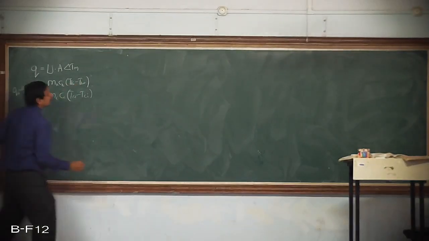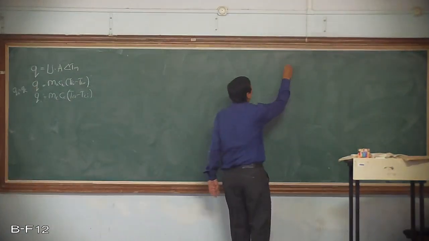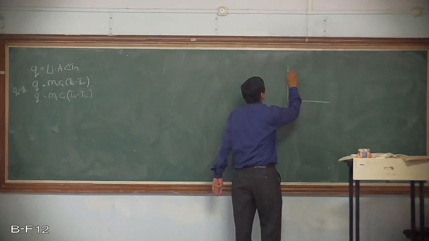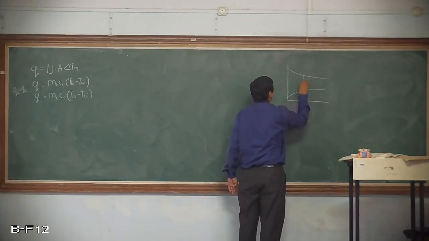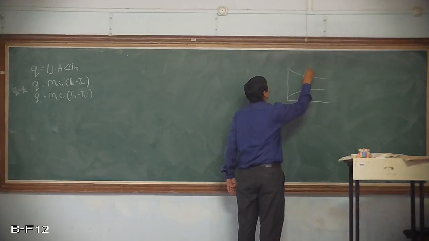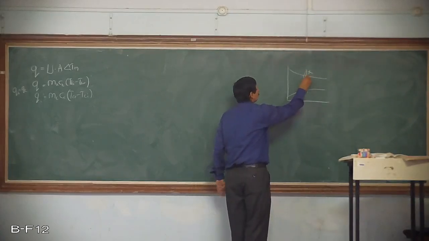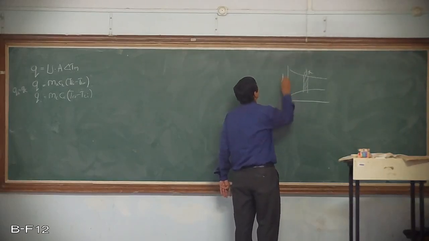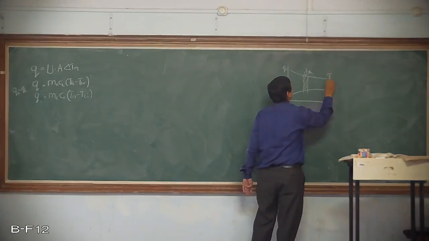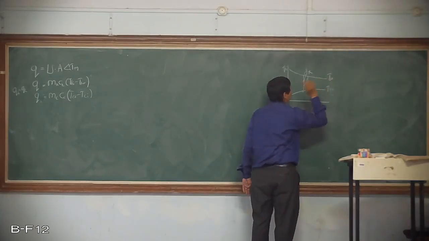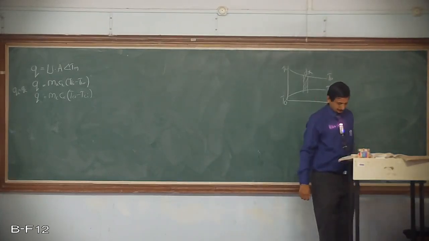But please remember, I am talking about only the differential element of dx, so I am going to draw for this one only. This is THI, this is TCI, this is THO, and this is TCO.